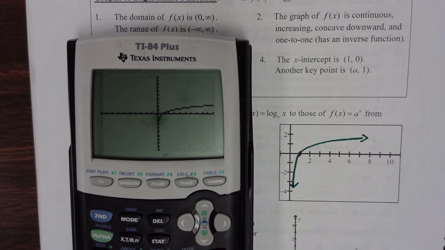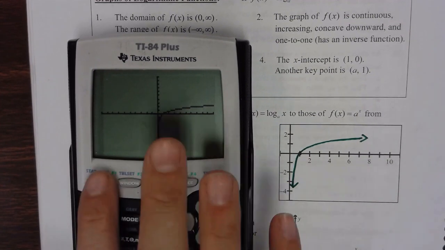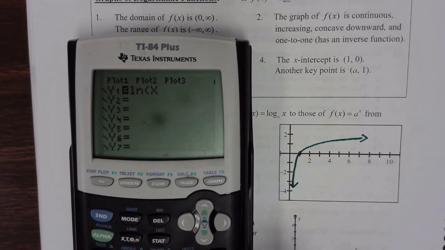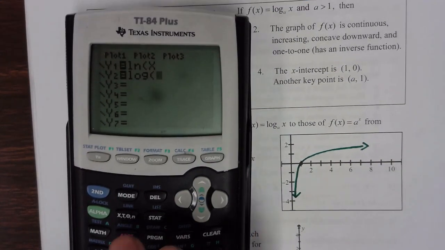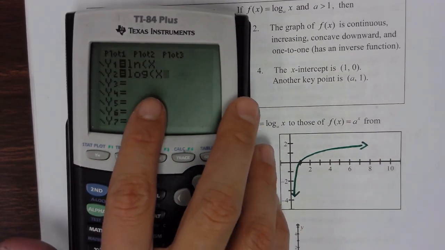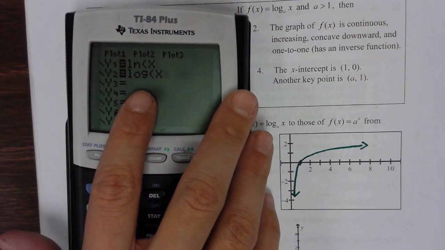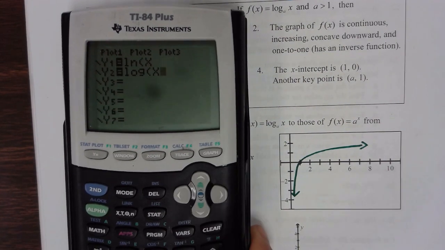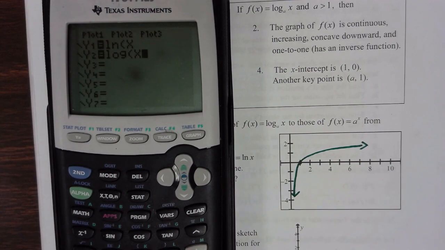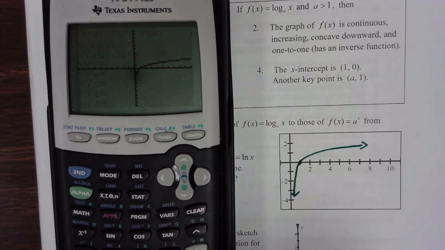Okay. Now we're going to do our basic log. So we'll go back to y equals. We get log, and by the way, log is down here. Log of x. Don't forget that when we do log in our calculator right here, it's log base 10. So even though we don't see a base, we see base 10. Okay, so let's graph that.